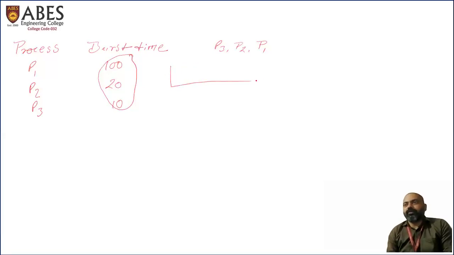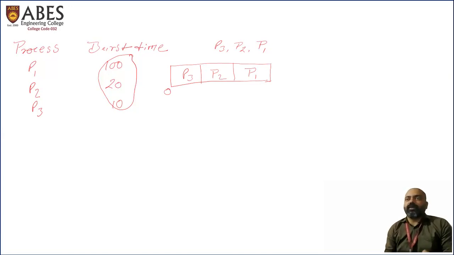Okay, we now prepare a Gantt chart. First P3 will get executed, second P2, and in the last P1, starting from 0 because there is no arrival time.